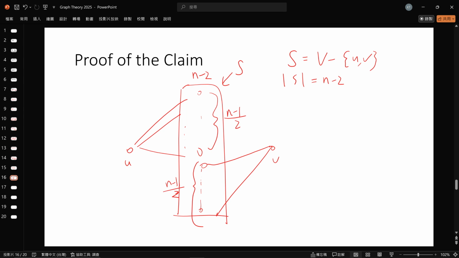And usually we use N(u) and N(v) to denote the sets of u's and v's neighbors. Both of these two sets are subsets of S.